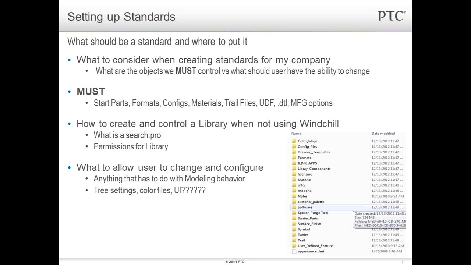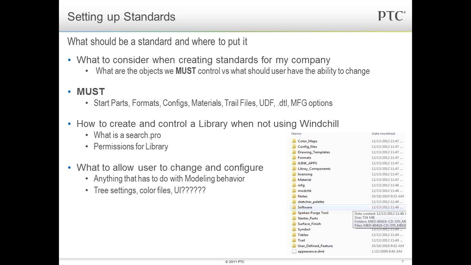So when you are not using a Windchill system, the only way around all of that duplicate data is to use essentially search paths. And you use something called a search.pro and search paths within that search.pro to point it. So the way that it works is that you can put only components that are unique to job A in the job A folder.